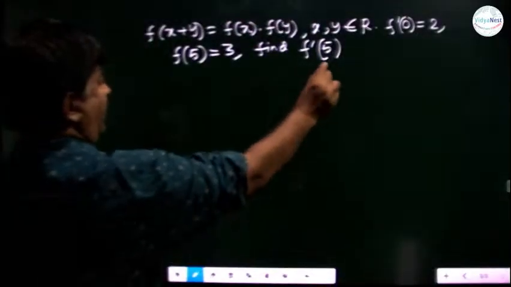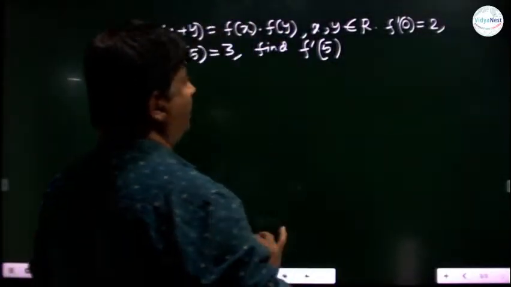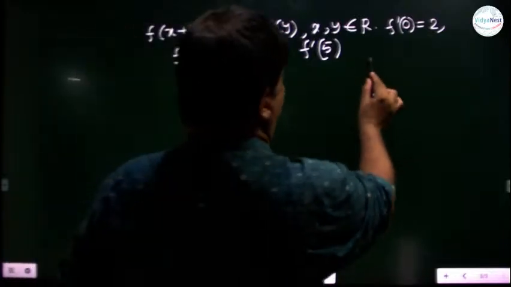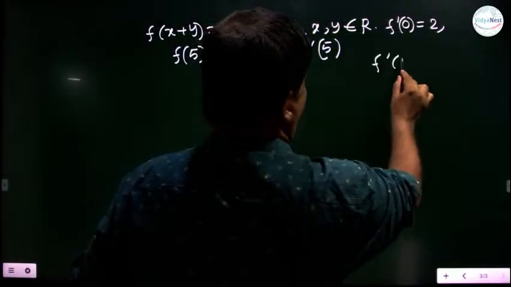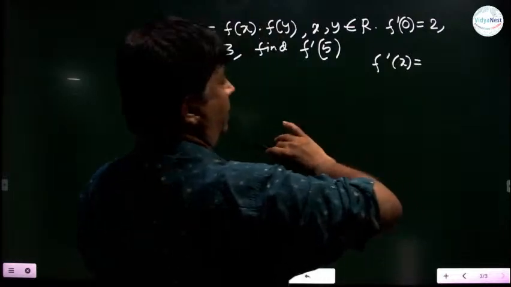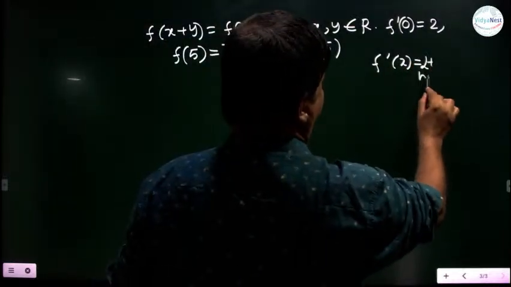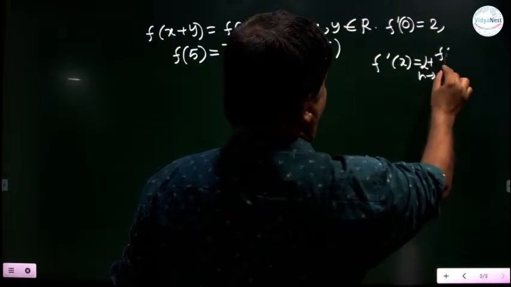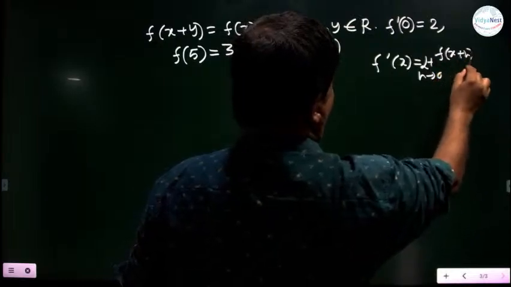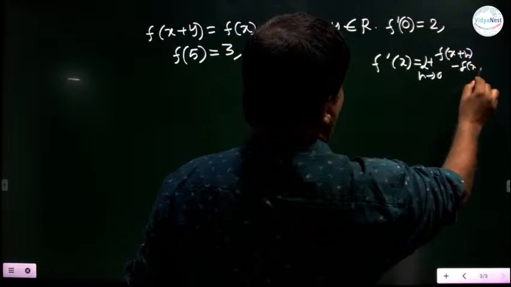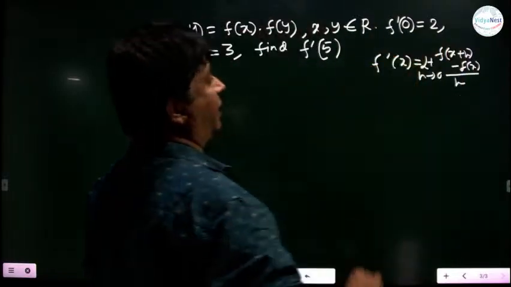F dash 5 is given. If you have hesitation, always write that definition on the side roughly. What is the definition? We have discussed: f(x plus h) minus f(x) by h.